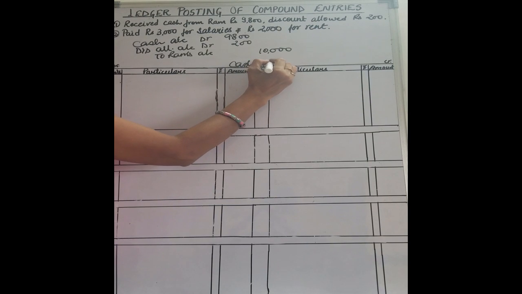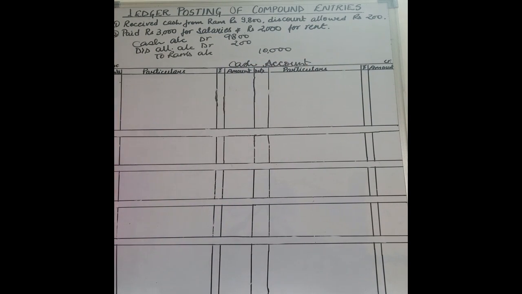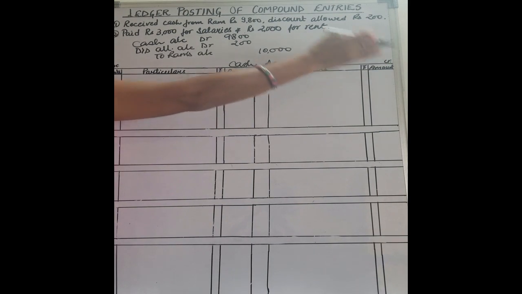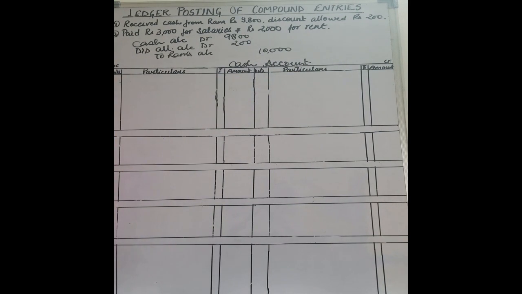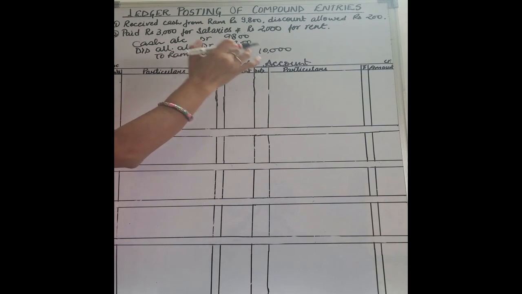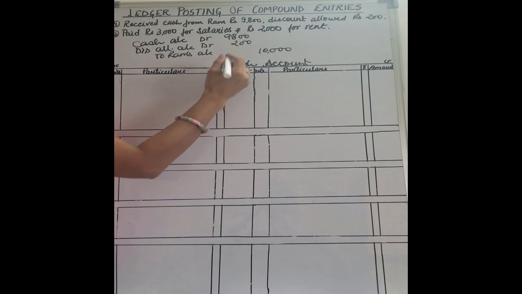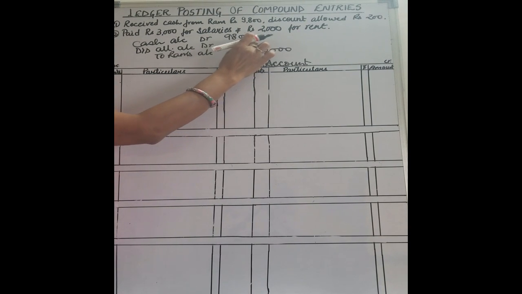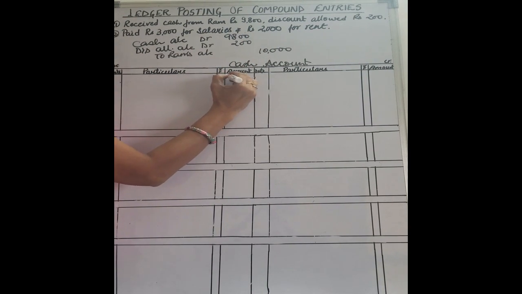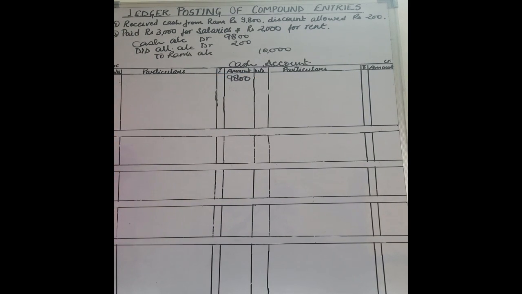So let's name this account as cash account. Now this is the debit side of cash account and this is the credit side of cash account. See, in the journal entry, cash account is debited. So while making the ledger posting, we have to debit the cash account with rupees 9800.